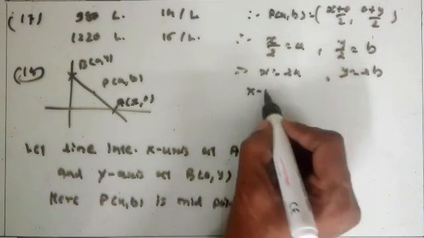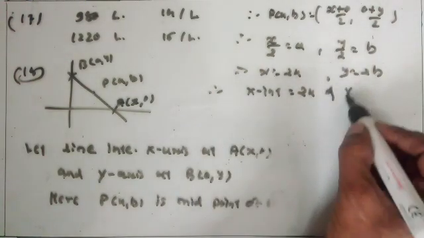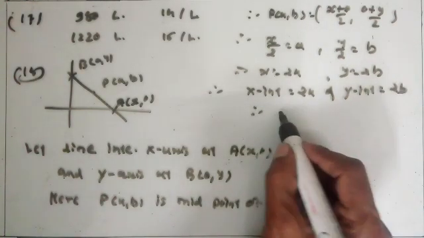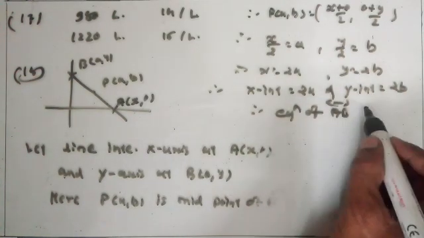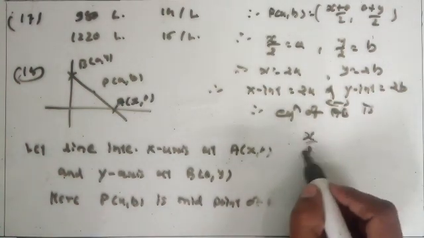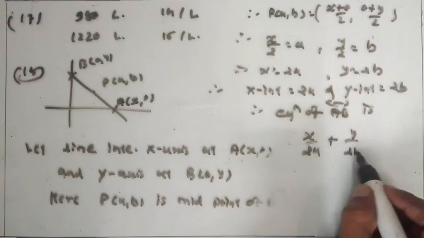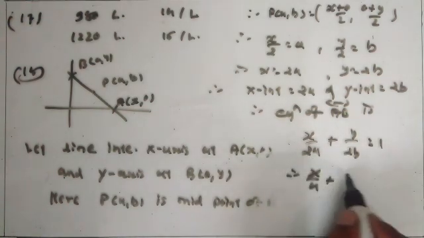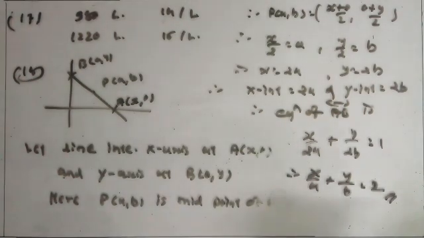That is, the x-intercept is equal to 2a and y-intercept is equal to 2b. Therefore, equation of AB using intercept form x upon 2a plus y upon 2b is equal to 1. 2 take this side, so we get x upon a plus y upon b is equal to 2. This becomes the equation of the required line. Clear?